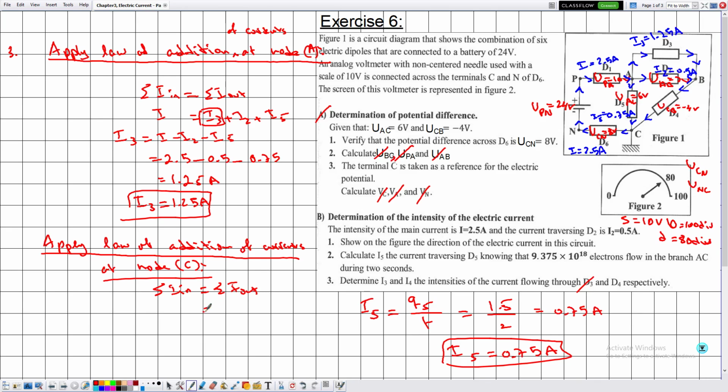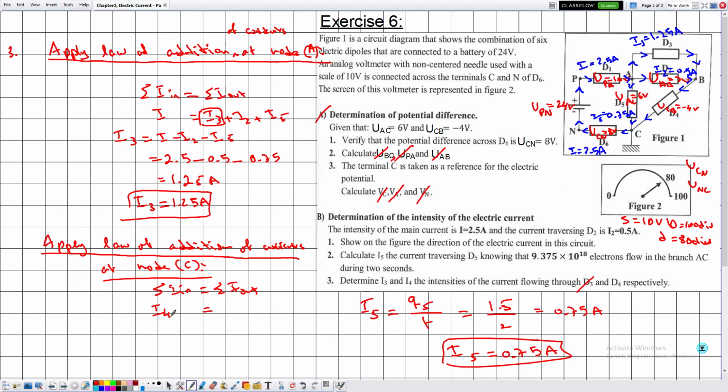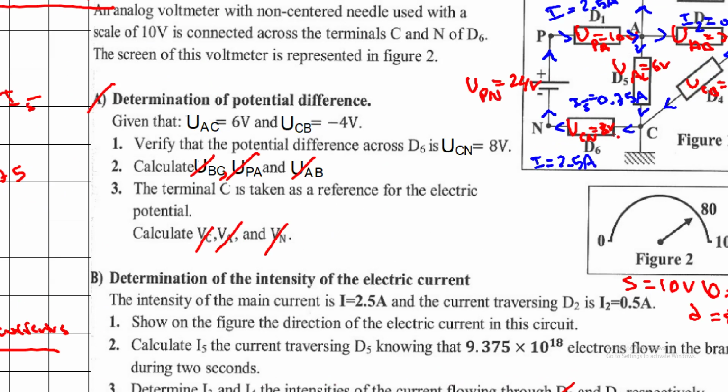So the currents entering the node are I4 and I5, and the current leaving the node is I6, and we are interested in determining the value of I4. So I4 is equal to I6 minus I5.